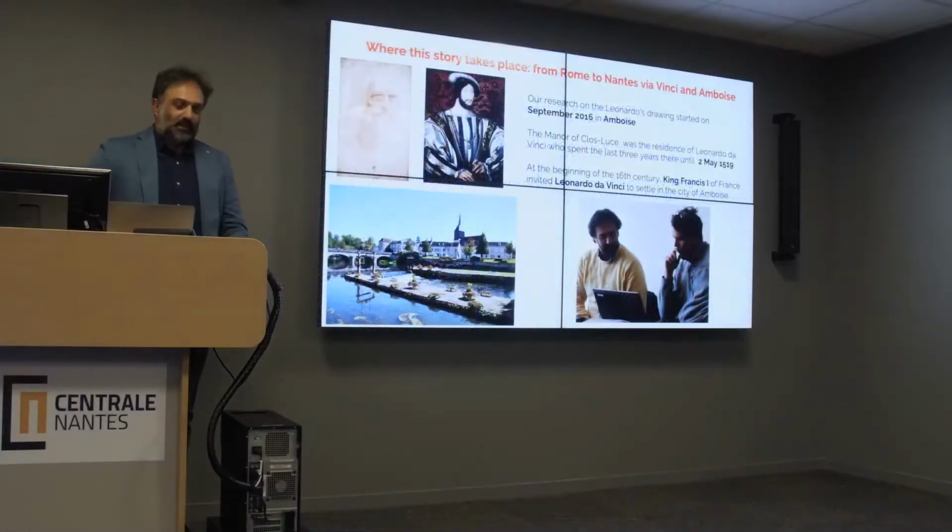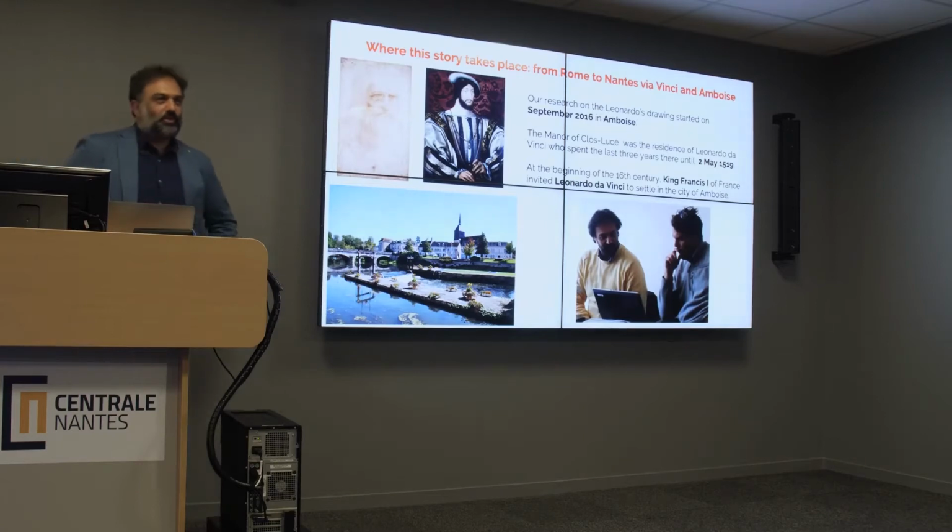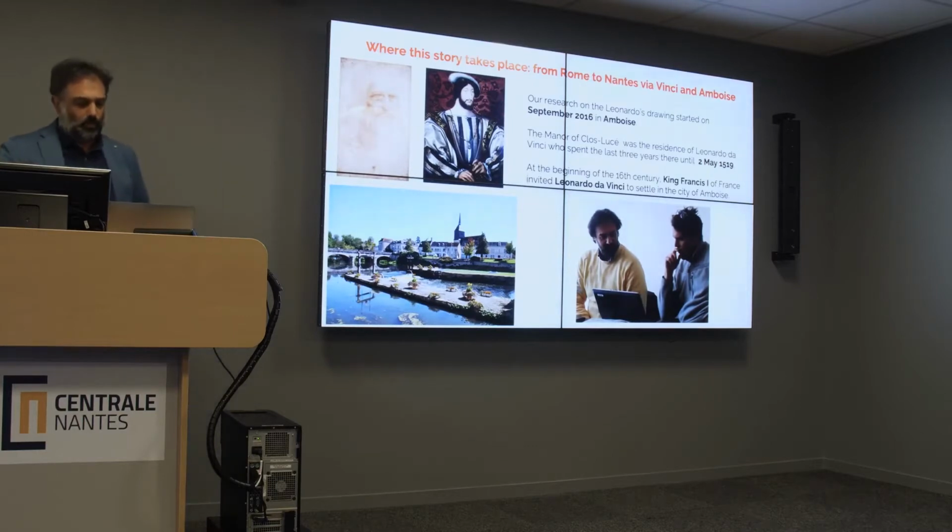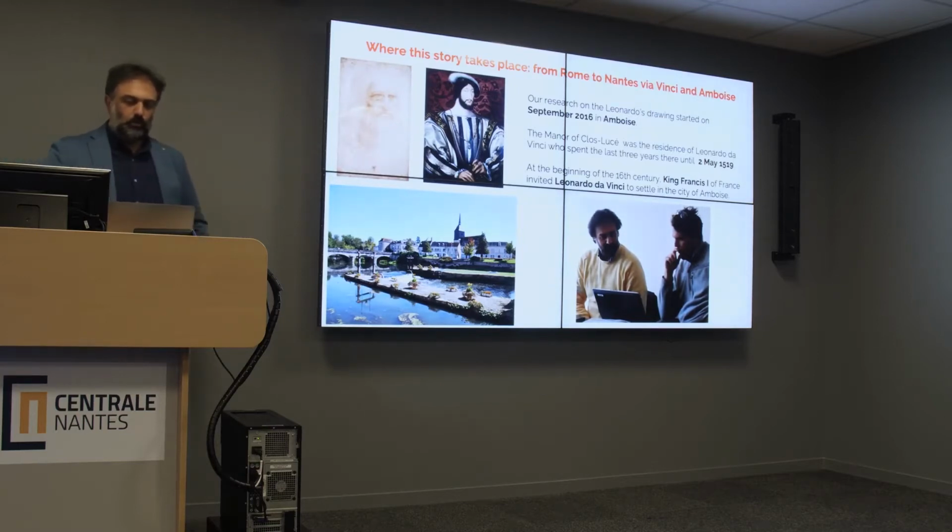Okay. As David told, our research on this Leonardo drawing started in September 2016 in Amboise. We were there during a weekend where we went up the Loire from Nantes to Amboise. We visited the manor of Clos Lucé, which was the residence of Leonardo da Vinci for the last 3 years before his death.